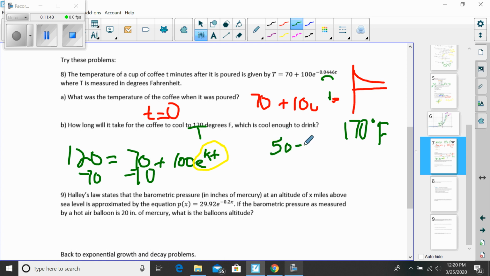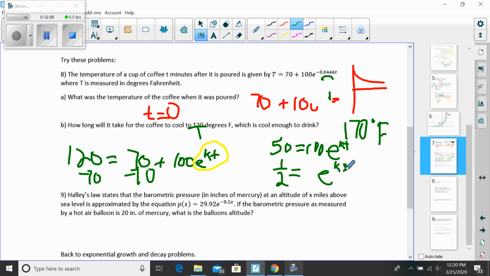Then I have 50 equals e to the kt. Then I divide both sides by 100. So I'm trying to isolate what I circled here in yellow. Divide both sides by 100, and I get a half equals e to the kt, knowing that k is that decimal value up there.